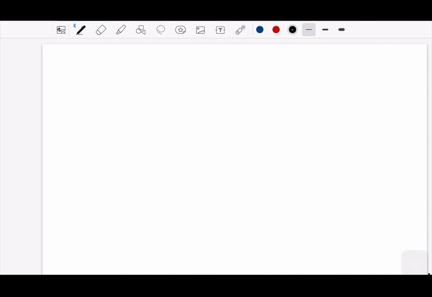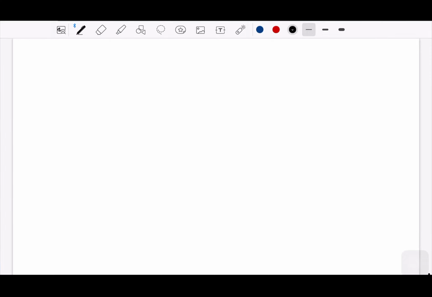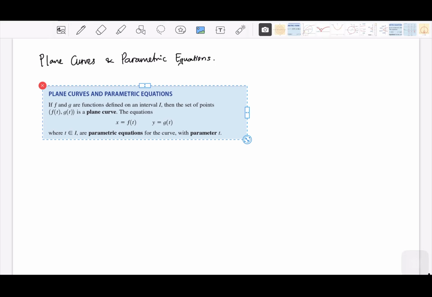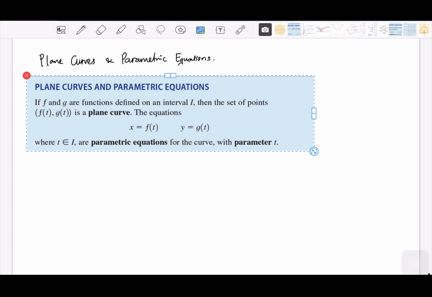Now we move to parametric curves. We are going to have the parametric equations, or plane curves and parametric equations. Let me just take these definitions.